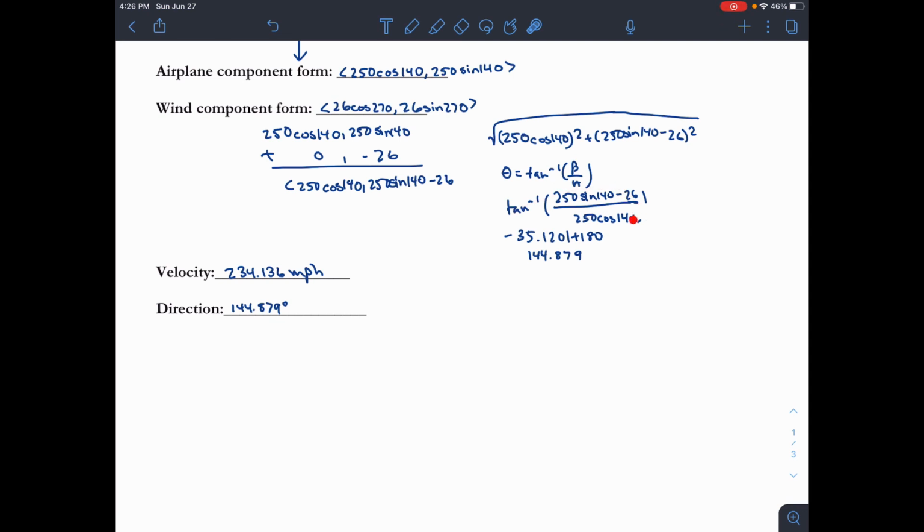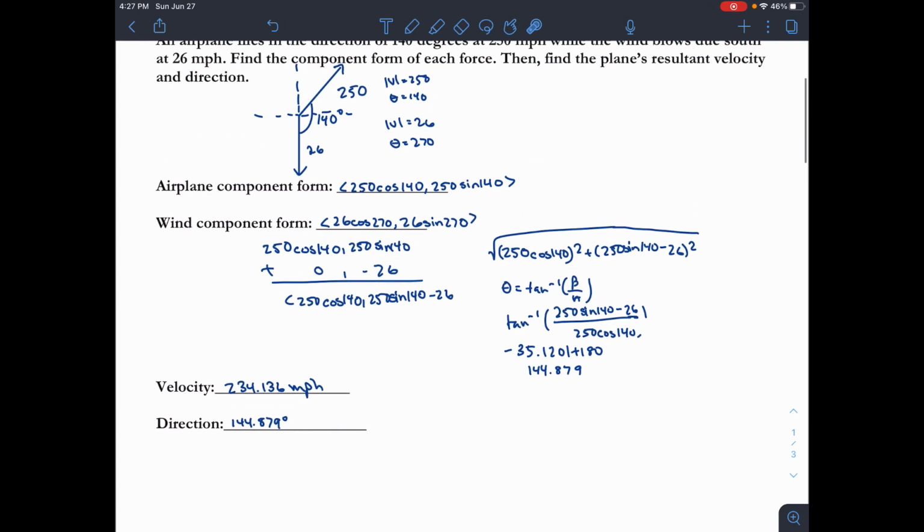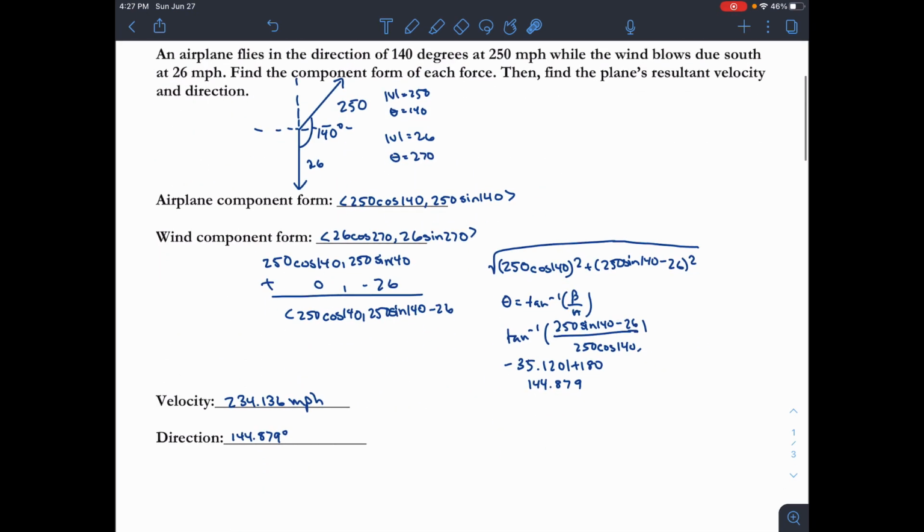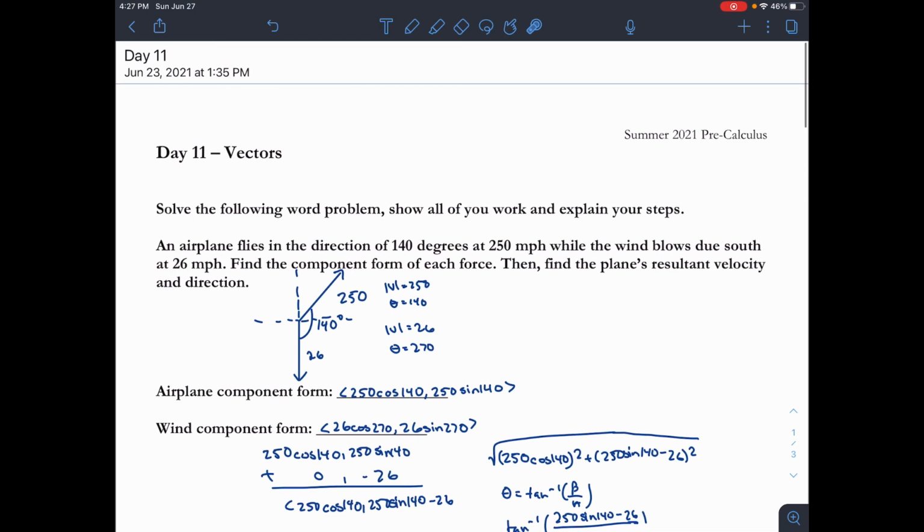When we put this in the calculator, we get negative 35.1201, but it has to be a positive answer. So what we do is we add 180, and we get 144.879. So that would be our direction, that would be our resultant vector's degrees.